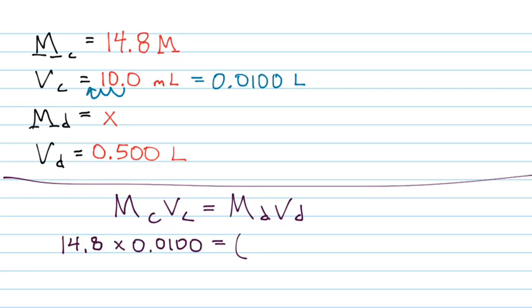Equals, this time I'm looking for this guy. Looks like I'm getting for my molarity of the dilute, it's going to be about 0.296. Then I'll figure out my sig figs.